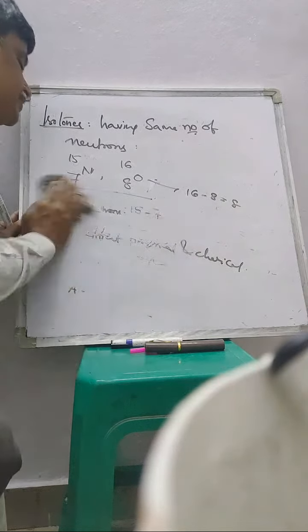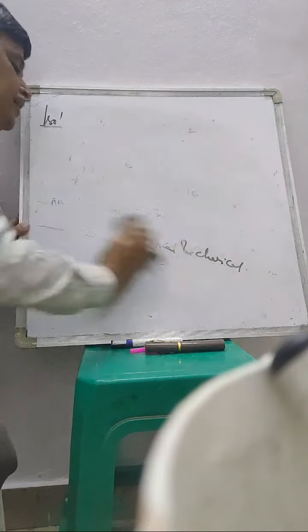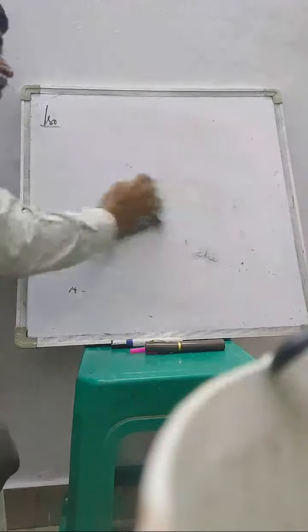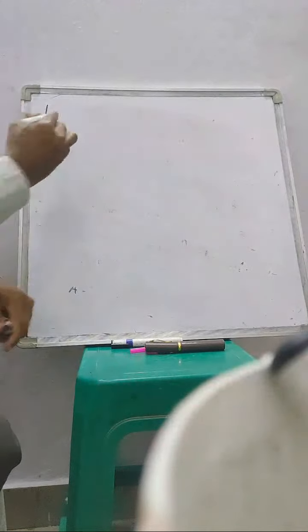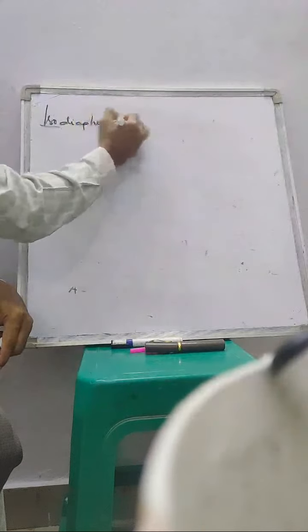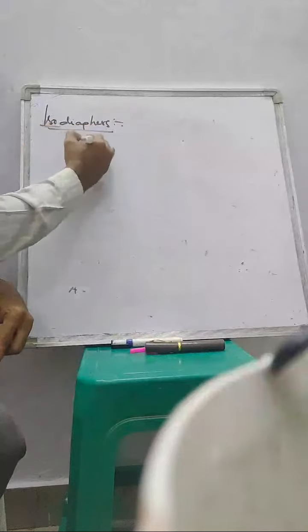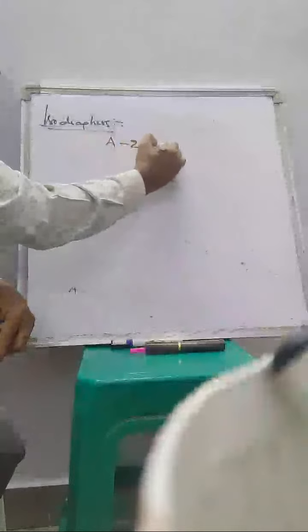Next word is isodiaphers. What are isodiaphers? Isodiaphers means the species having the same value of A minus 2Z.